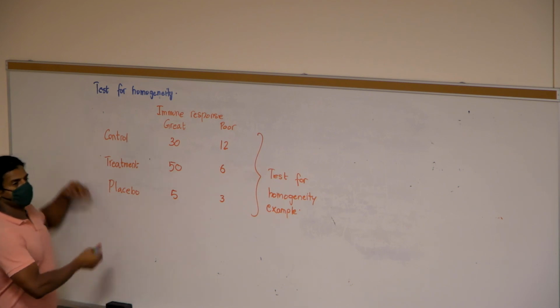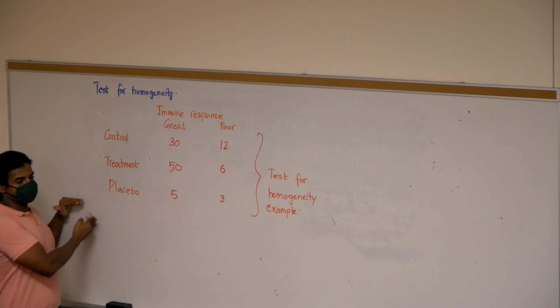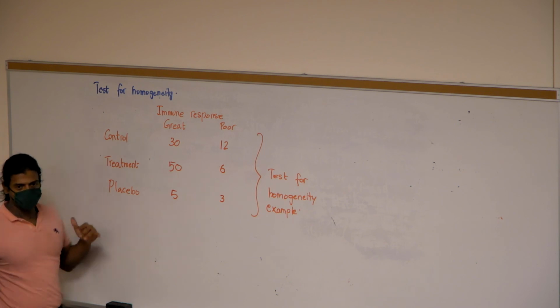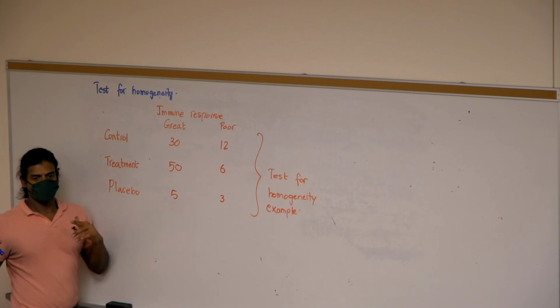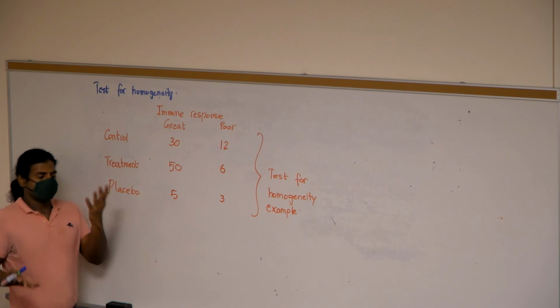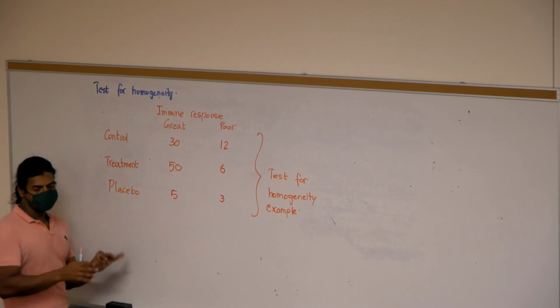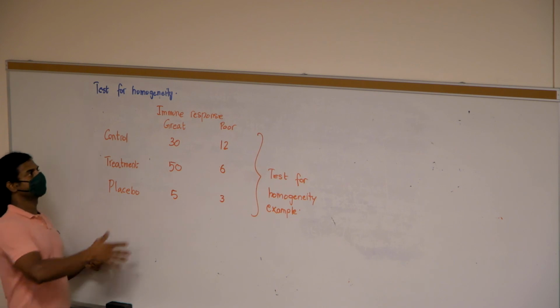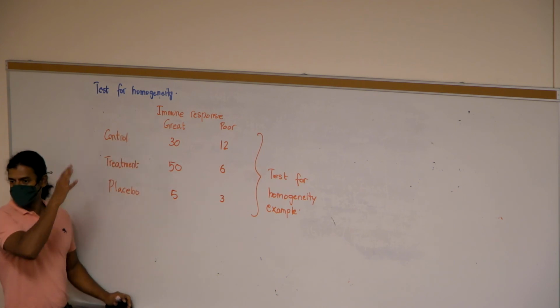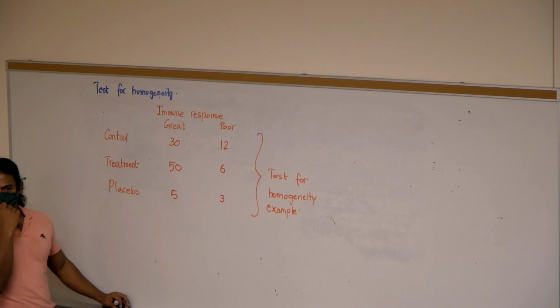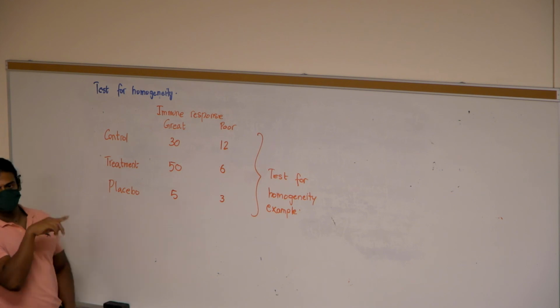If all 3 techniques are the same, then they're homogeneous, right? And I can't say that one treatment is better than the other. But if one technique is definitely better, then I shouldn't be seeing a homogeneous case. Does that make sense? Okay, are we clear?